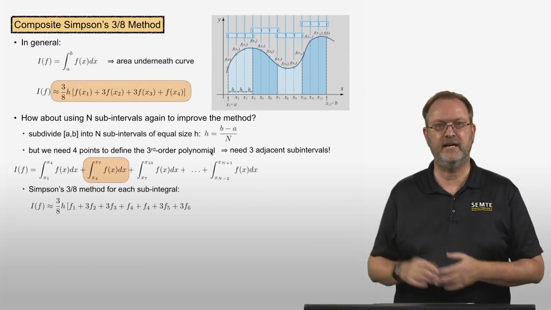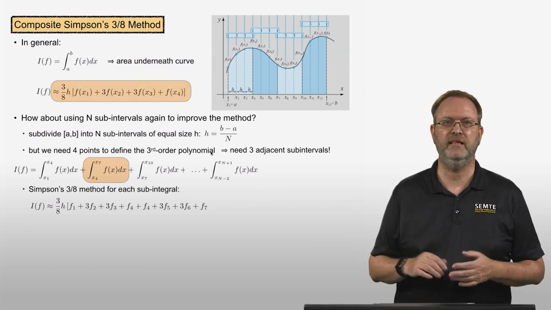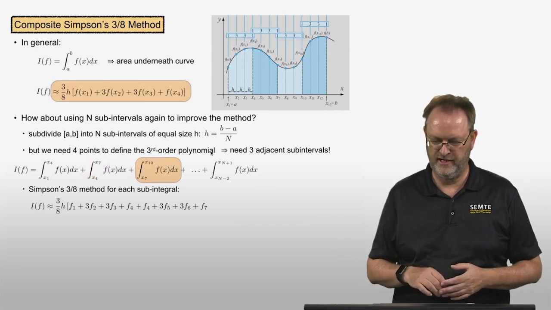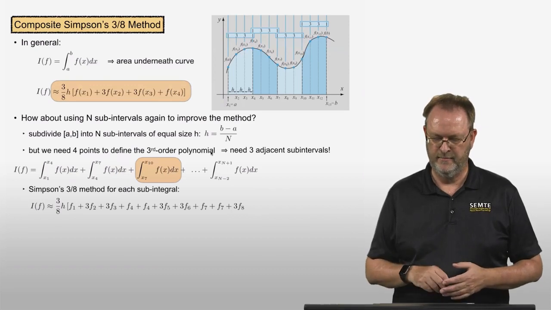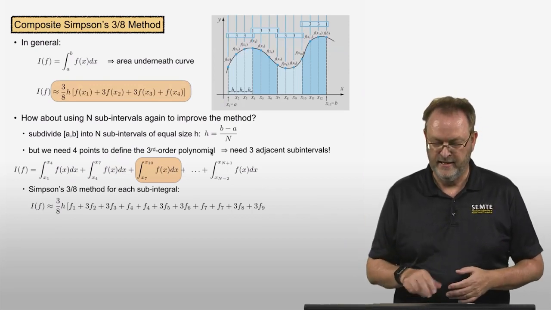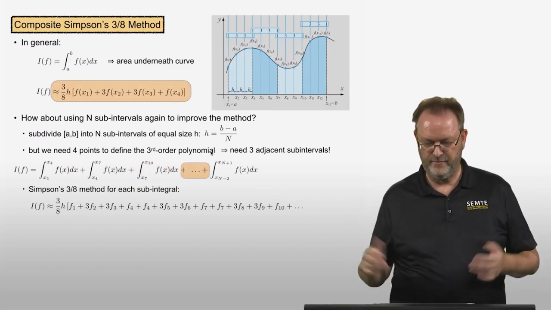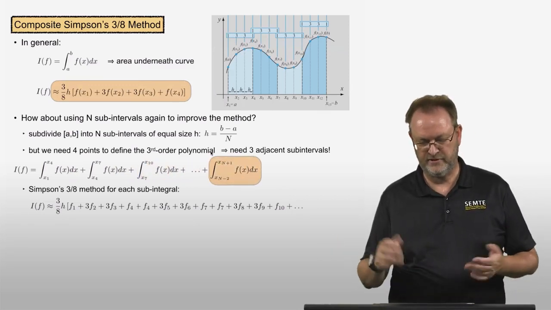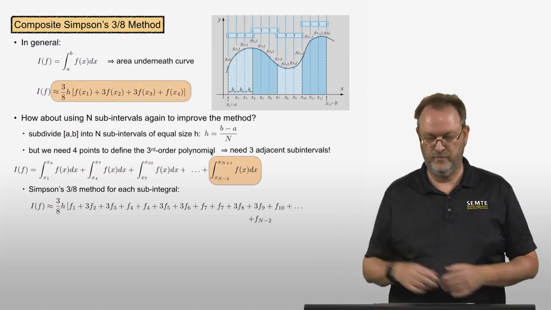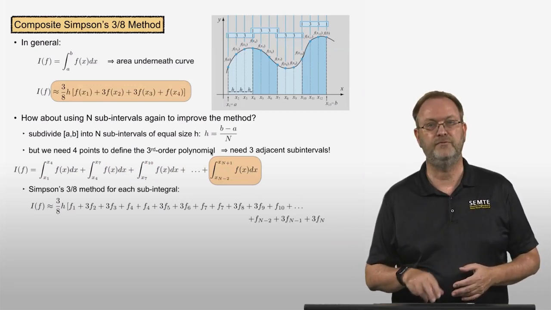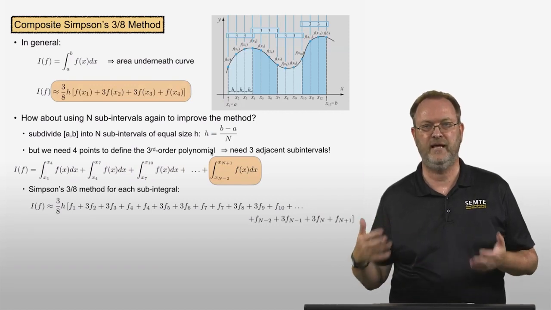Then the next subinterval over, that would be f7 plus 3 times f8 plus 3 times f9 plus f10, and so on. We'll skip over the ith one. So the last one would be f_{n-2} plus 3 times f_{n-1} plus 3 times f_n plus f_{n+1}.